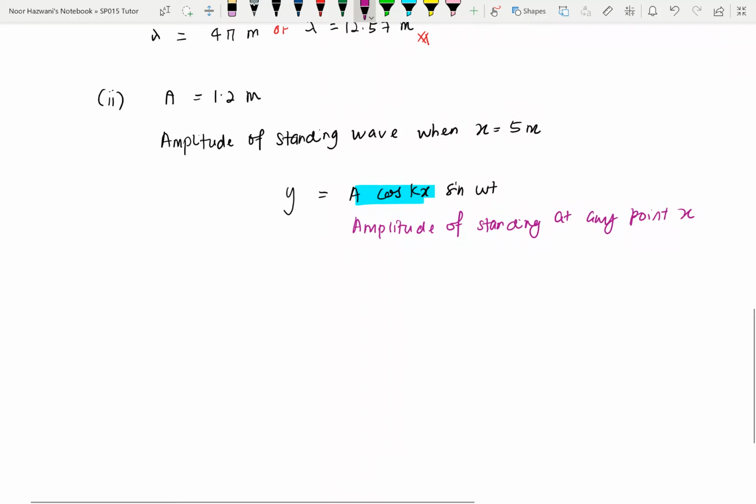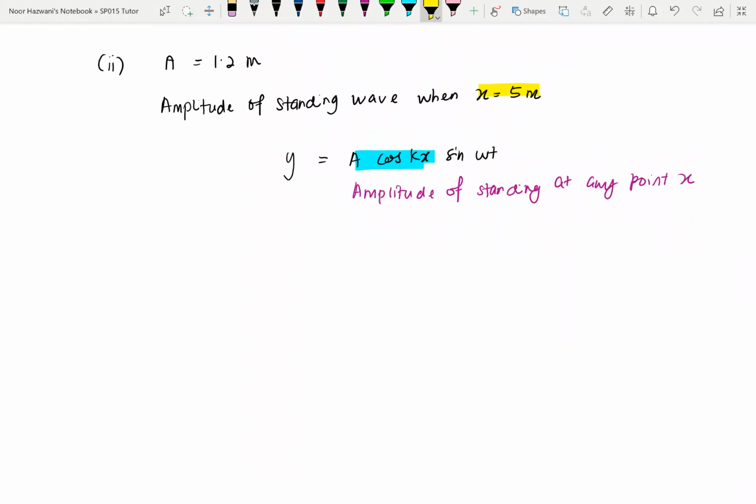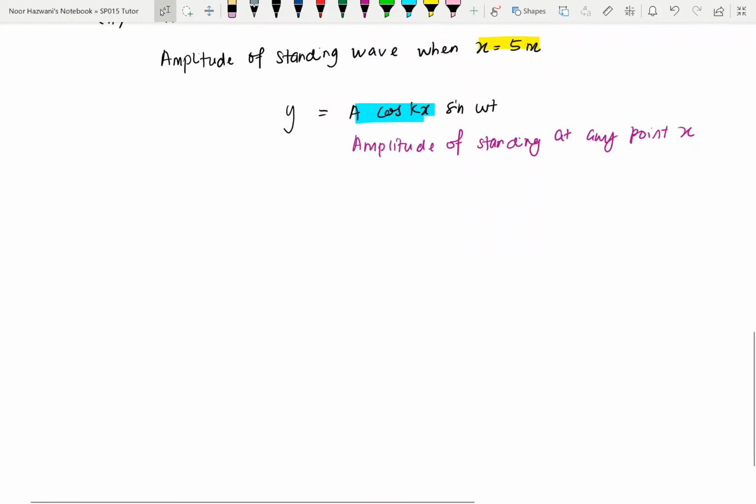Jadinya, bila dia tanya berapa amplitude of standing wave when x sama dengan 5 meter, you just ambil yang A cos kx sahaja untuk you cari dia punya amplitude. So, macam mana kita nak buat? Kita salin balik, tapi kita ambil yang depan je, bahagian depan of the equation.